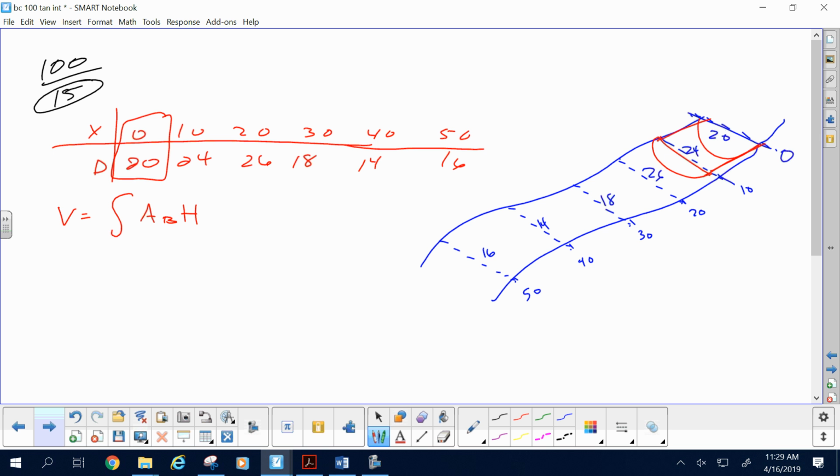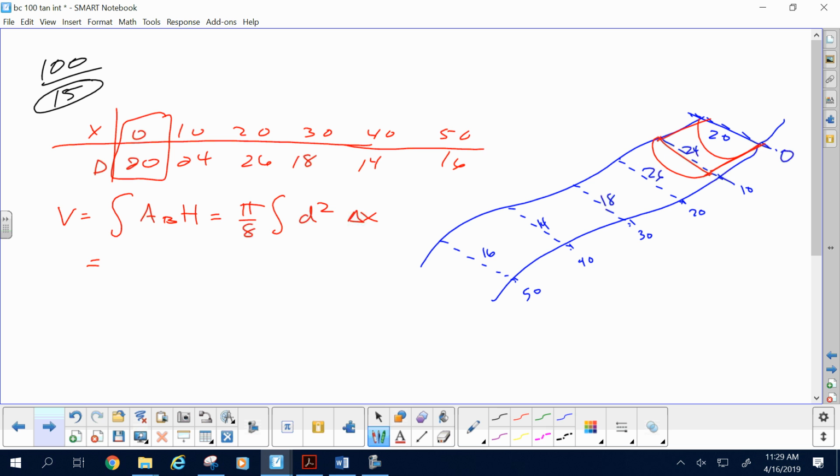In every case, isn't this going to be one of those cross sections of a half circle? Do you remember the process there? Pi over 8 of the diameter squared dx, which is actually going to be a delta x here.